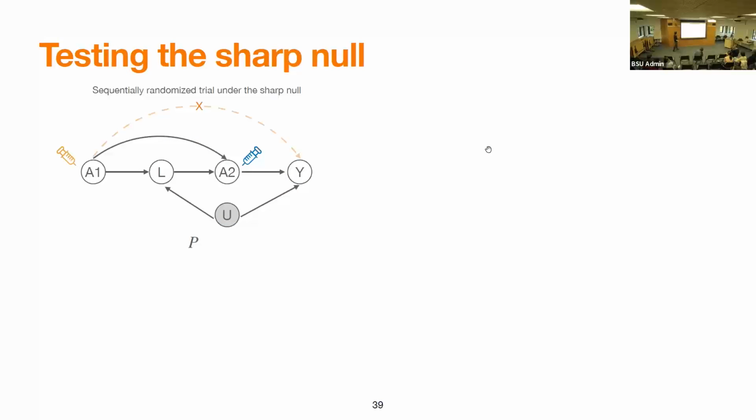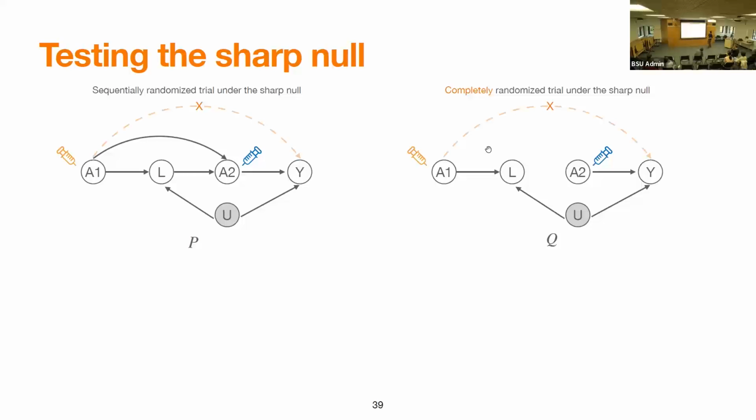To understand what I mean by this no direct effect constraint, or no arrow from A1 to Y, we have to look at a different trial, an idealized trial that we didn't run, where A2, instead of being conditionally randomized, is completely randomized. Its randomization does not depend on A1 or L. Then this no direct effect directly translates into independence between the first treatment and the final outcome.